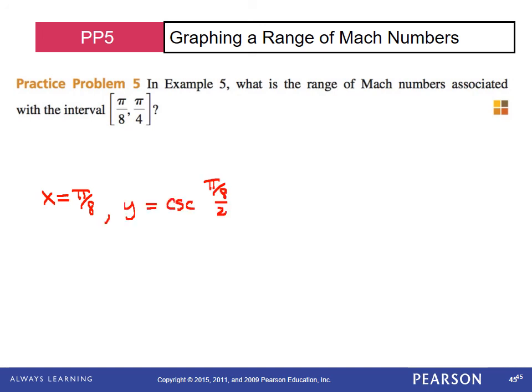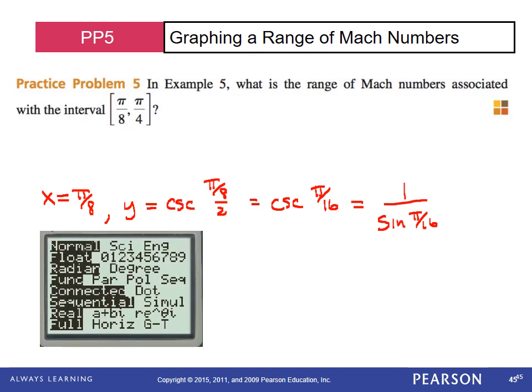So pi over 8, all we're going to do is just plug it into a cosecant function here. So pi over 8 divided by 2 will become cosecant of pi over 16, and we're going to punch this in a calculator here, and of course the calculator does not have cosecant. So you're going to have to put it like this in for the calculator. It's 1 divided by sine of pi over 16.